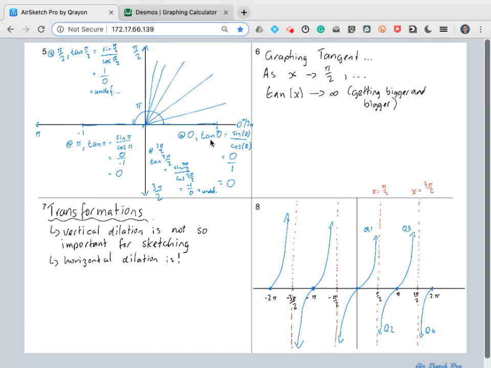Okay, so the first thing we should talk about is the period. With sine and cosine, if you can remember, the parent graph had a period of 2 pi. In other words, the graph repeats itself after 2 pi.